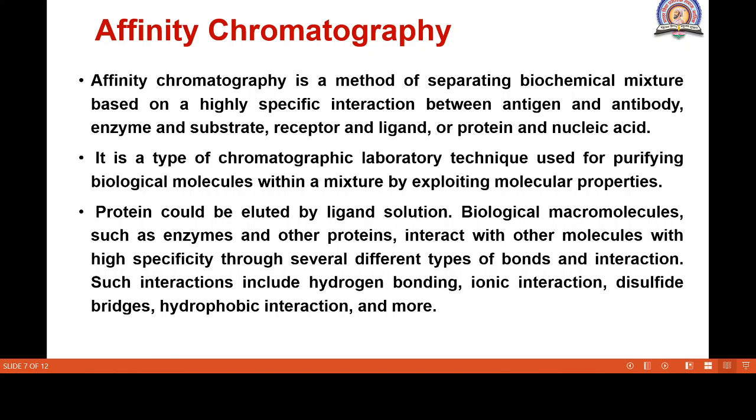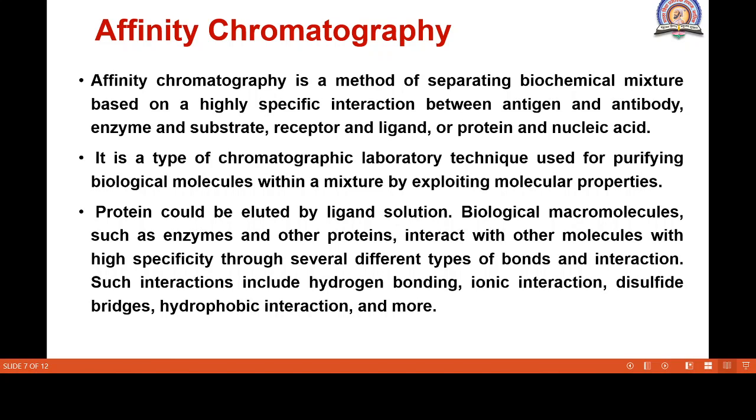It is the type of chromatographic laboratory technique used for purifying biological molecules within a mixture by exploiting molecular properties. Means it is a technique used to purify biological molecules.